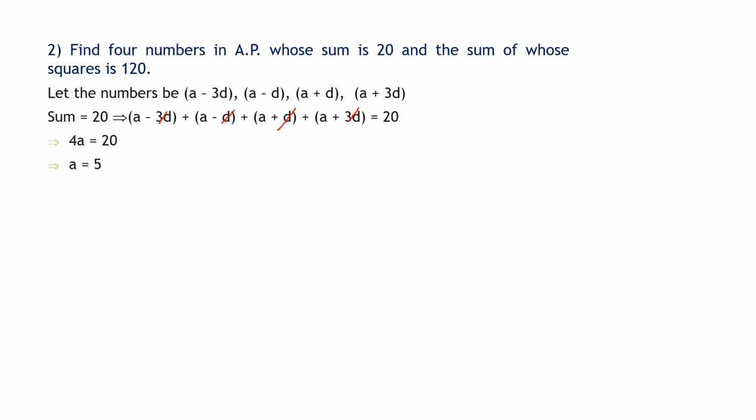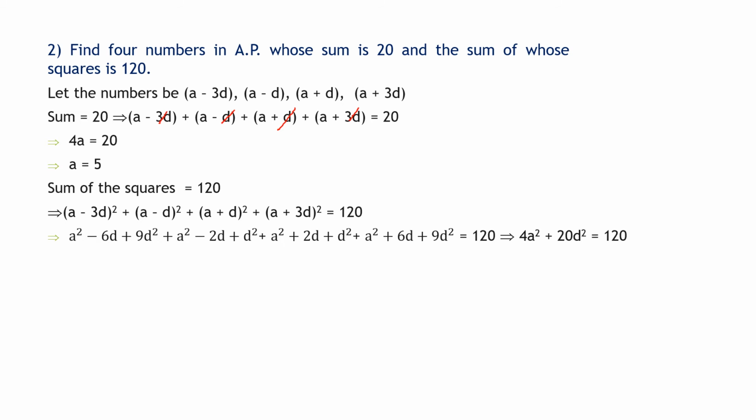Now we have A. Now we have to square them and add them, the sum of the squares. So what is the square? Now expand. How do you expand this? Using the formula (a minus b) the whole square equal to a square minus 2ab plus b square. So we have A square minus 6AD plus 9D square plus A square minus 2AD plus D square plus A square plus 2AD plus D square plus A square plus 6AD plus 9D square.